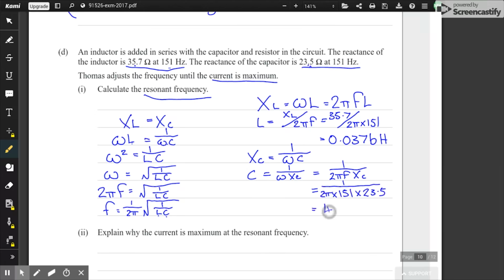That gives me 4.5 times 10 to the minus 5 farads. Okay, now going back to this equation here, I can plug in all of my numbers, which gives me 123 Hertz.